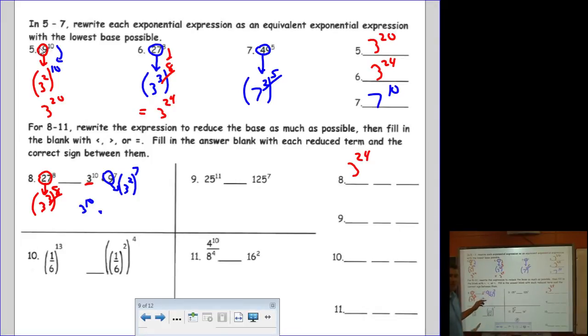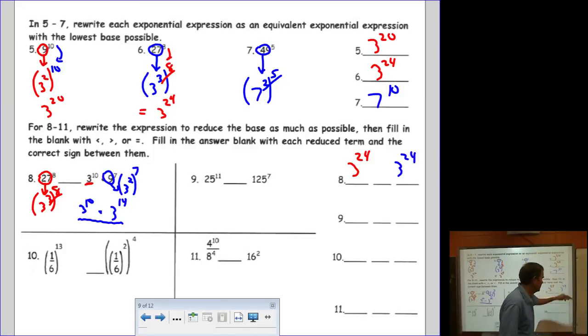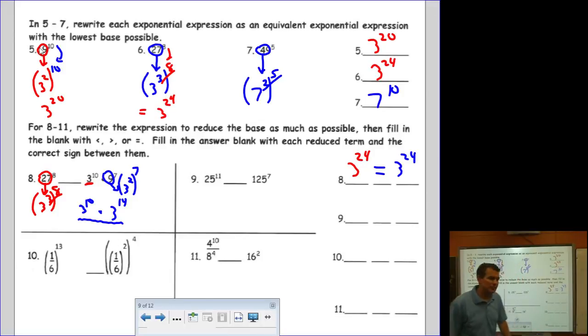Then I can use the power to a power rule to write this as 3 to the 14th. Finally, I can multiply these together because they have the same base. By adding the exponents, it would be 3 to the 10 plus 14, or 3 to the 24th. And it turns out that these two amounts are equal to each other.